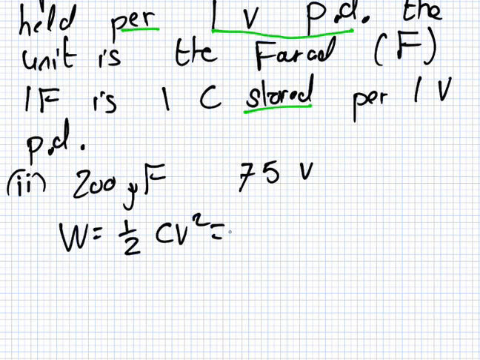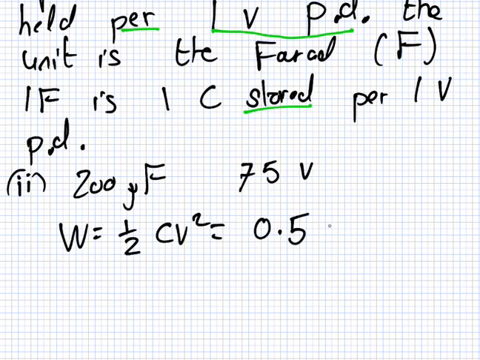So, again, once you know how to use your calculator, a half times C times 75 squared. Do we always have to make micro 10 to the minus 6? It depends, it doesn't matter. There'll be a micro in your answer, but you have to just keep that in mind.